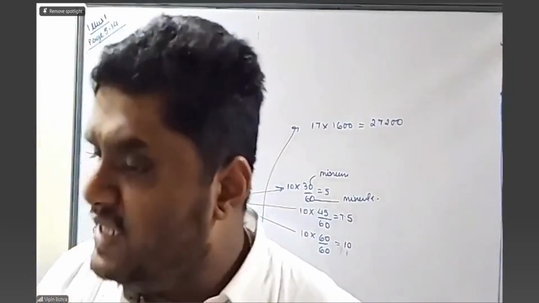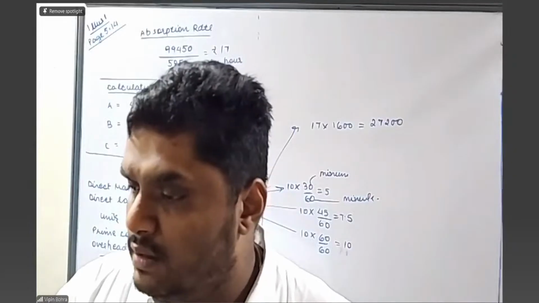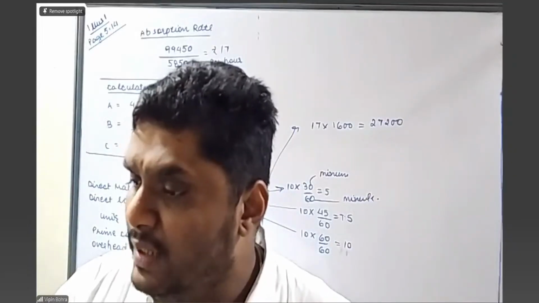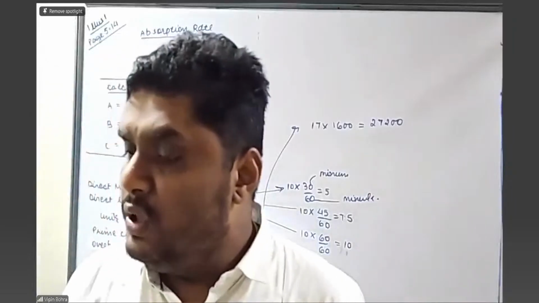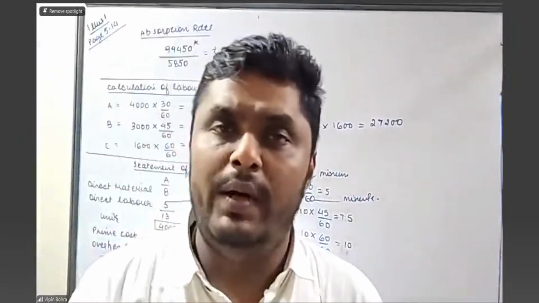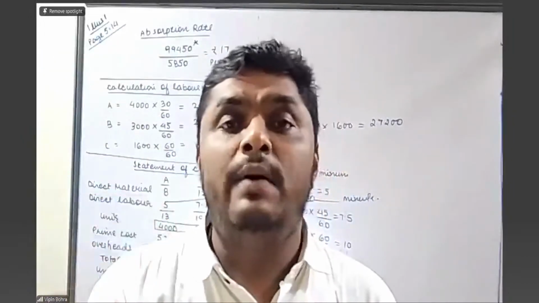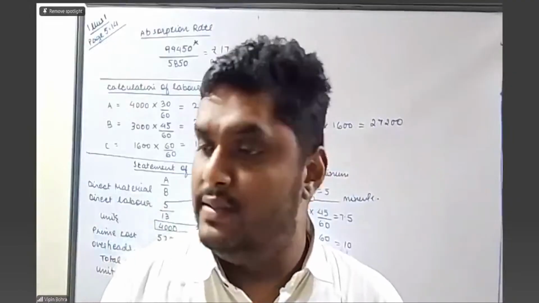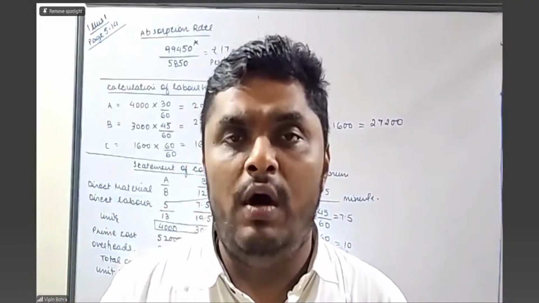Okay, Hina Kumari, why have we used labor hour cost as overheads? I have not used labor hour cost. I think you are not thorough with the concepts of overhead. See Hina, these were my total overheads. Now it is given in the question that overheads are absorbed on the basis of labor hours.